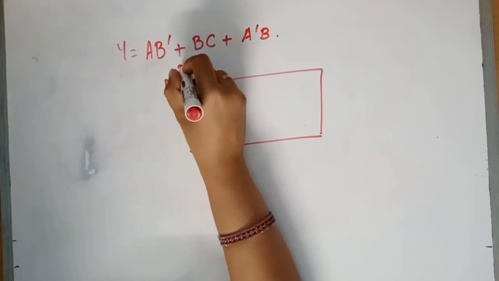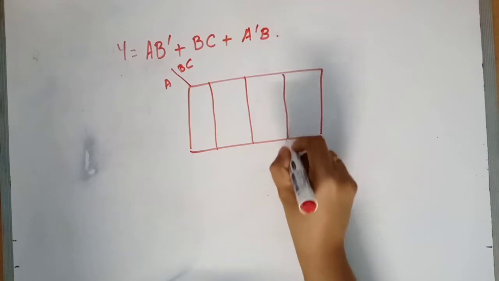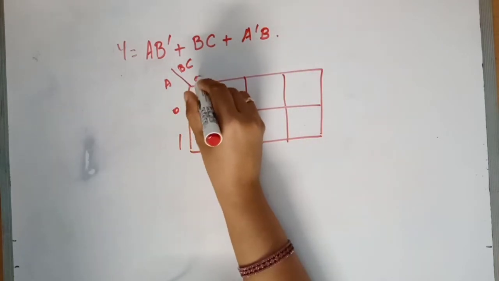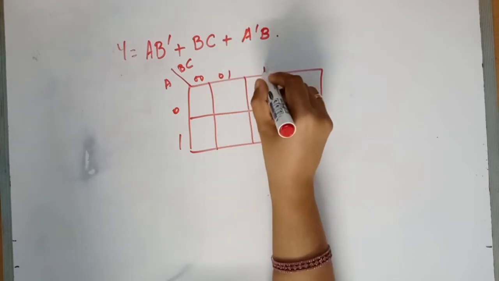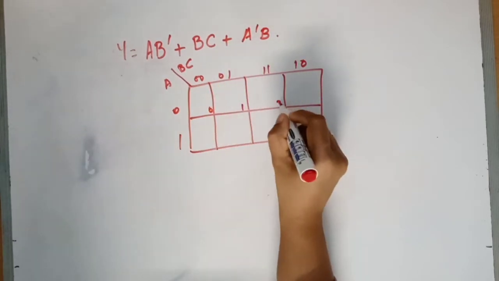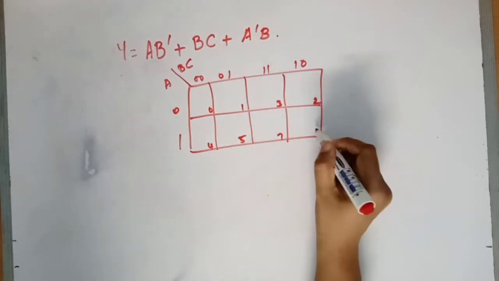A can take two values, 0 and 1. BC is 0, 0, 0, 1, 1, 1, 1, 0. And the cell numbers are 0, 1, 3, 2, 4, 5, 7, 6.